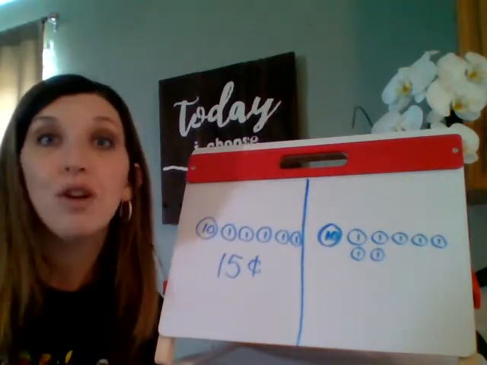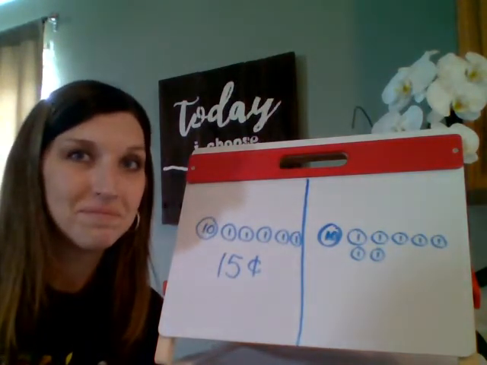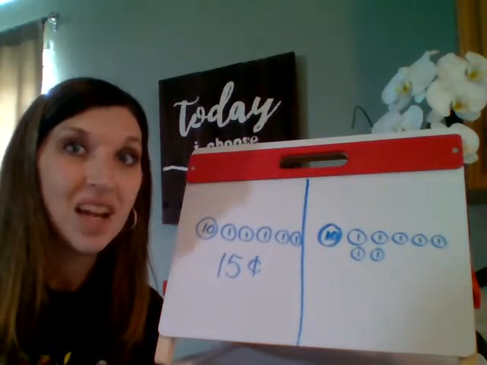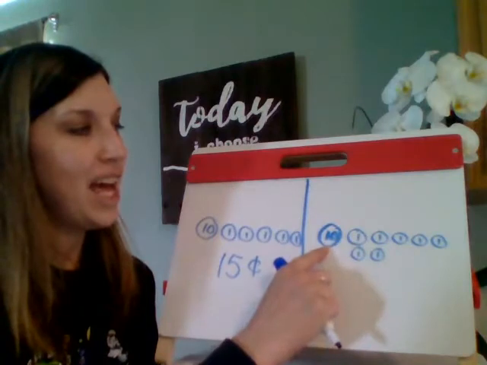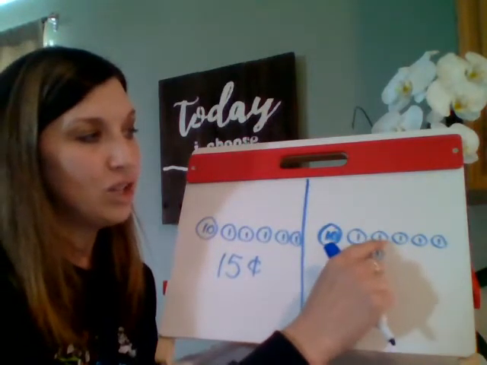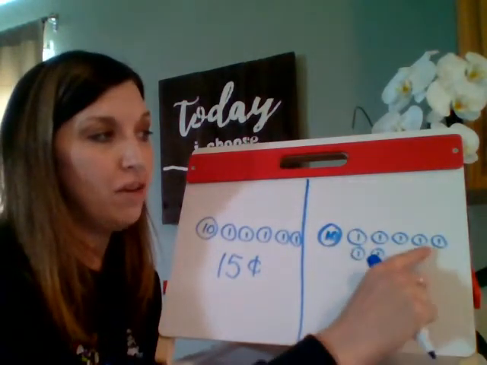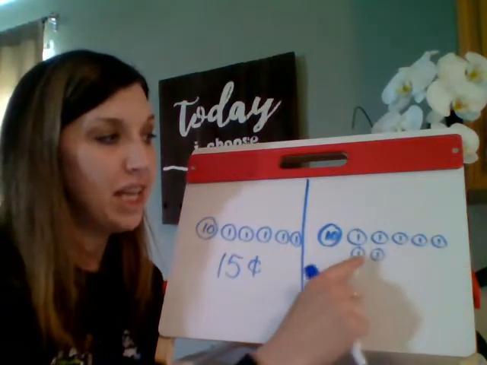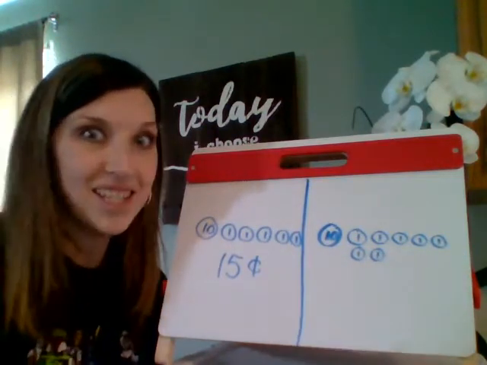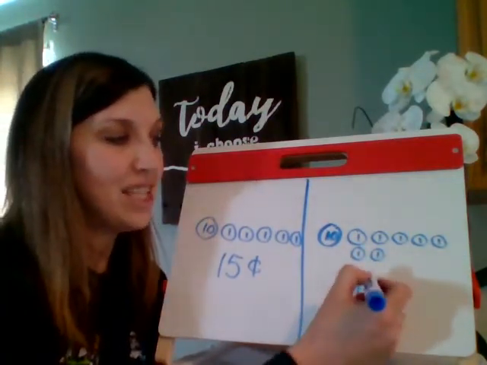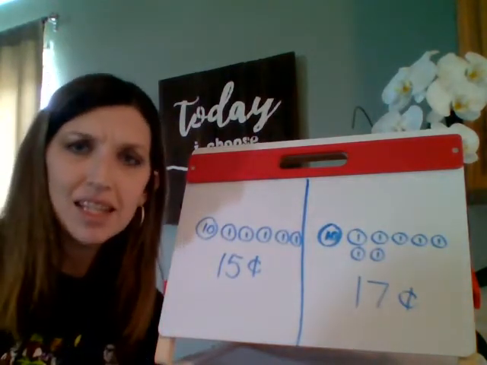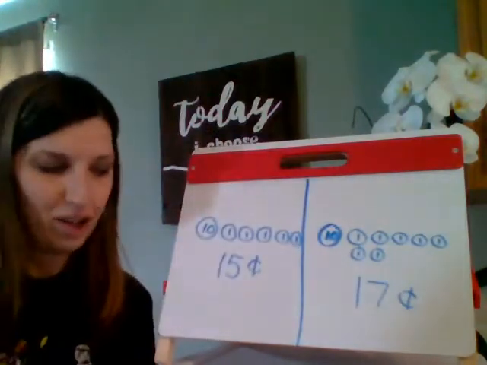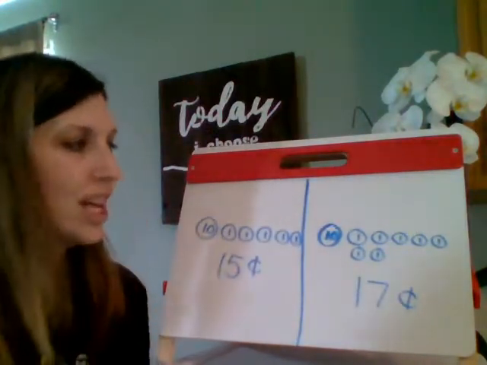Go ahead and pause the video if you need more time. Let's count on together and see if you're right. Here we go. 10, 11, 12, 13, 14, 15, 16, 17. 17 cents. If you had 17 cents, give yourself a high five. Great job. I'm so proud of you.